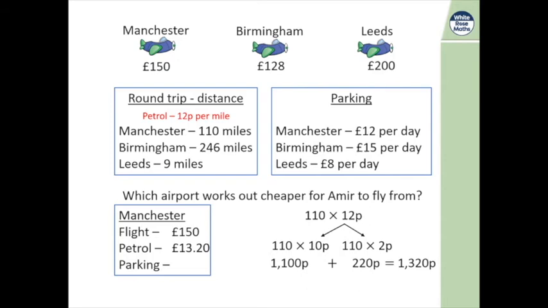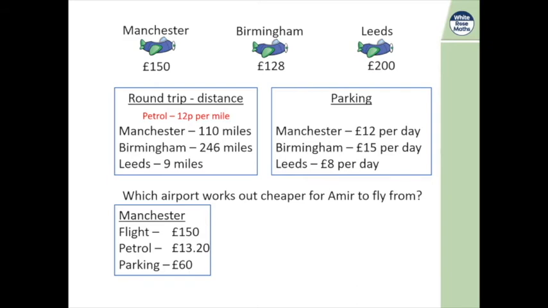Finally, let's see how much parking at Manchester Airport costs. £12 per day, and we know Amir is going away for 5 days. So £12 multiplied by 5 is £60. Now we can work out how much it will cost in total by adding together £150, £13.20 and £60.